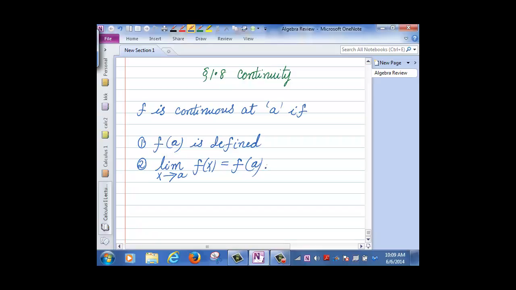We have seen many examples of functions where the function is undefined at a point, but the limit exists, right? We also saw that a function may be defined at a point, but the limit may not exist at that point, right?